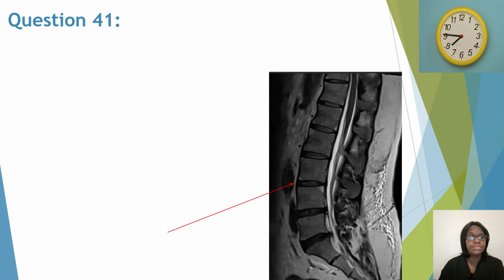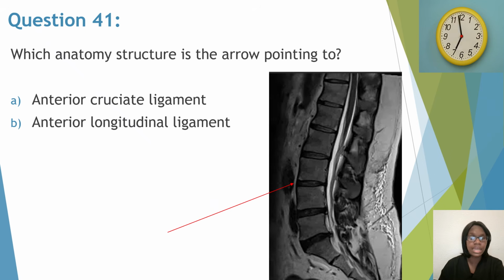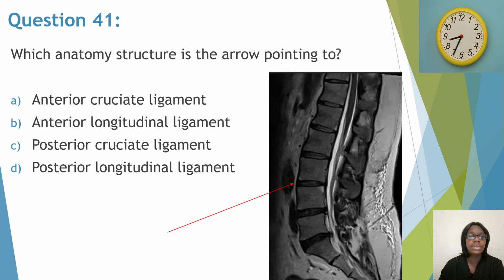Question 41. Which anatomy structure is the arrow pointing to? A, anterior cruciate ligament, B, anterior longitudinal ligament, C, posterior cruciate ligament, D, posterior longitudinal ligament.